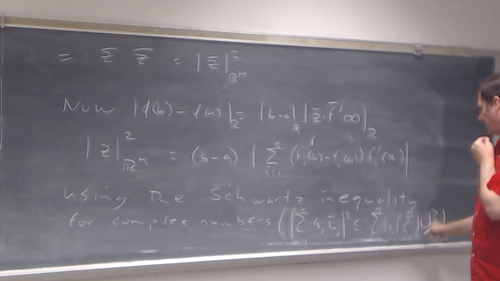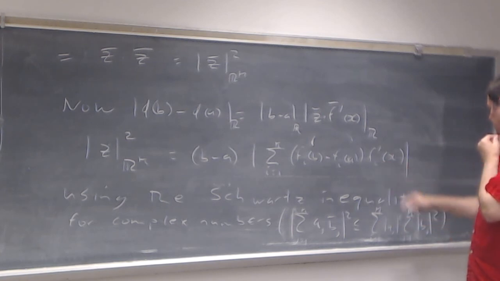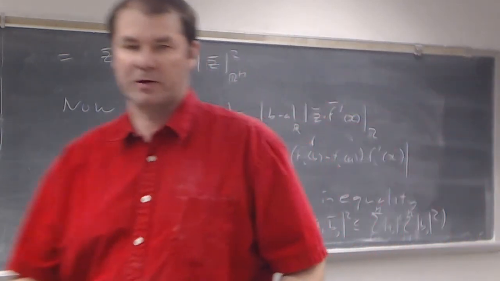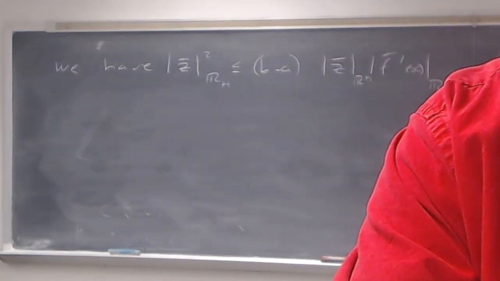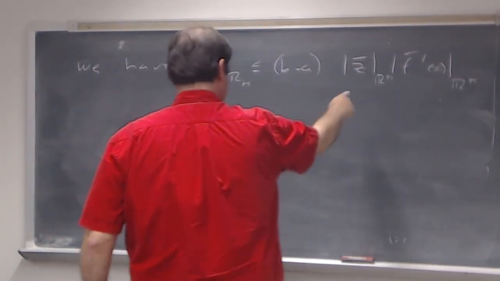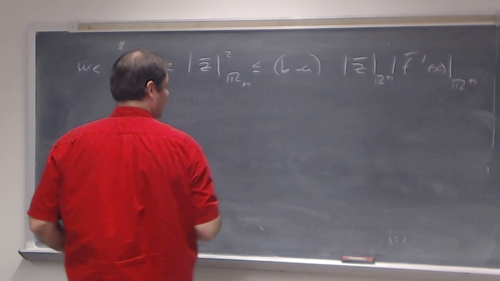This part right here is each component being squared, and the square root of that is going to be the norm of F bar. So that's exactly what we've written in R^k. That's how we get it, and we have an inequality because we're using the Schwarz inequality. This part got bigger than what it's replacing.